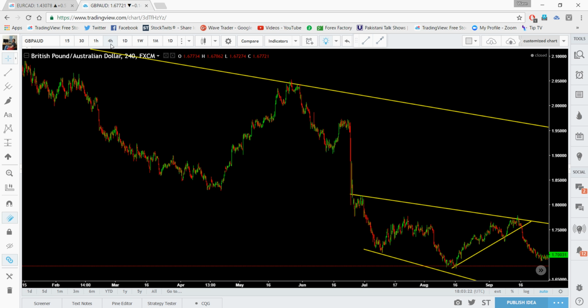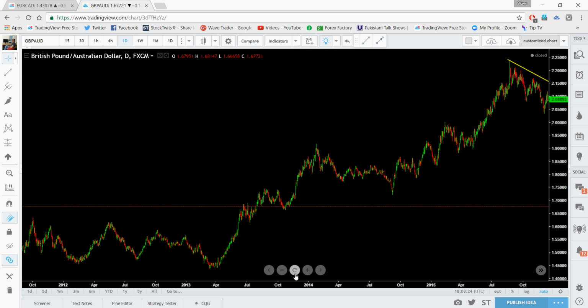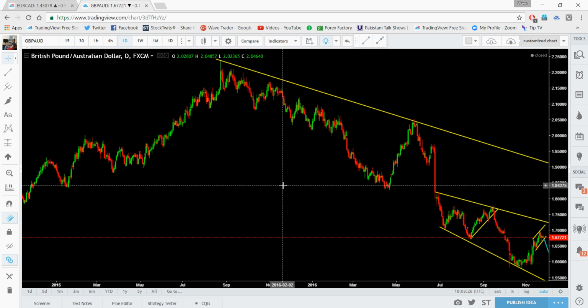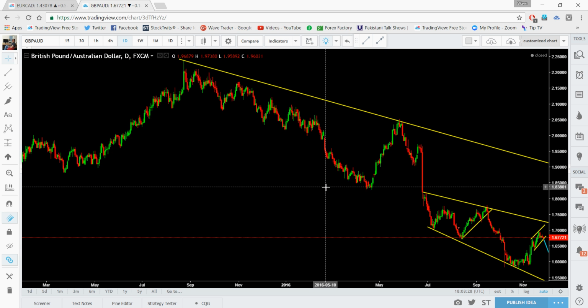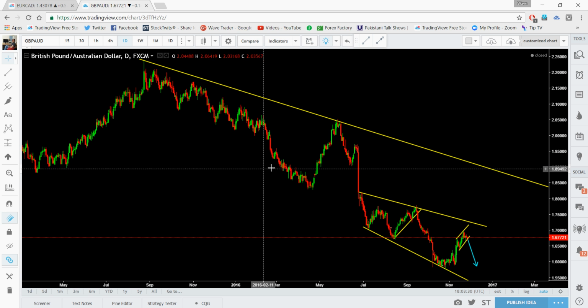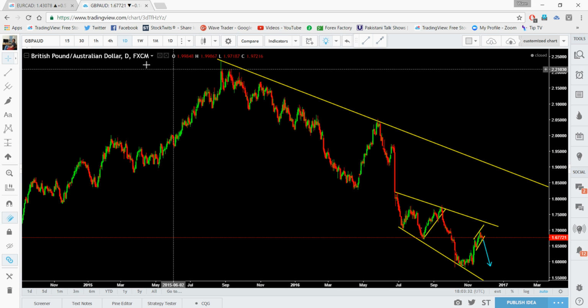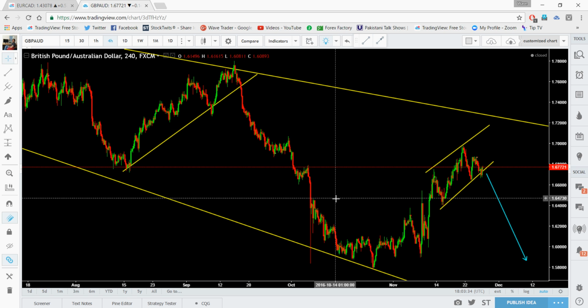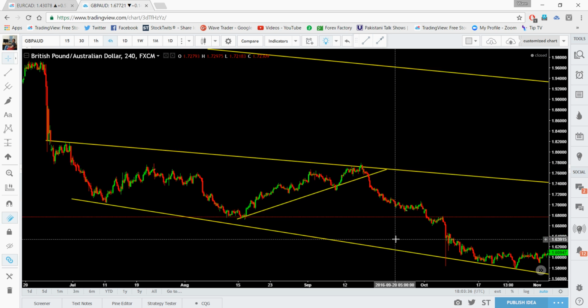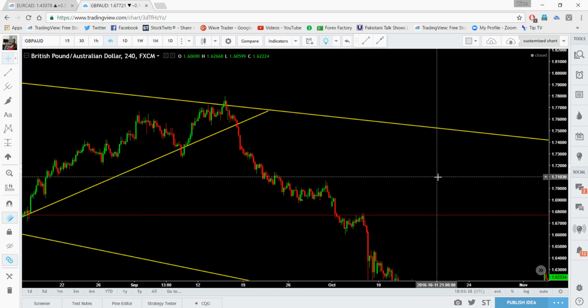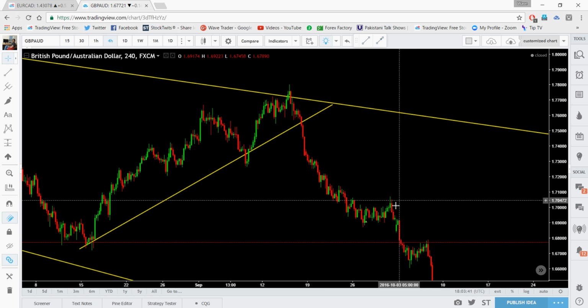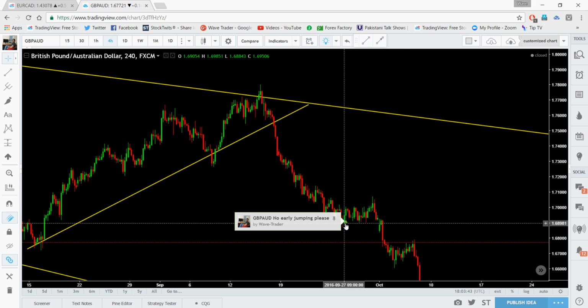Let me bring up the daily first. I think the formation was on the lower time frame. Here, yeah, I got that. Okay, so we were looking at this point.